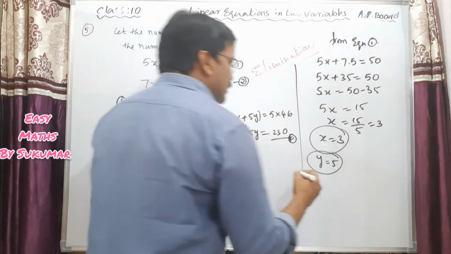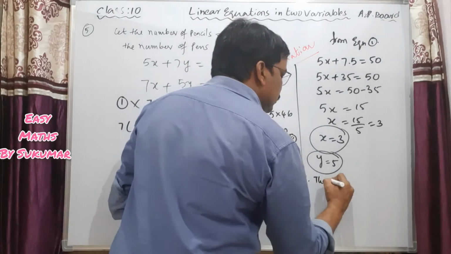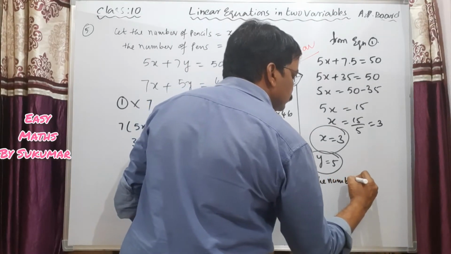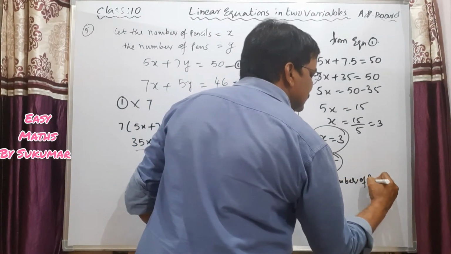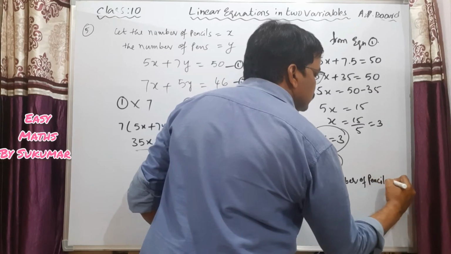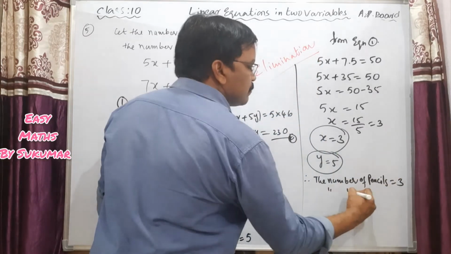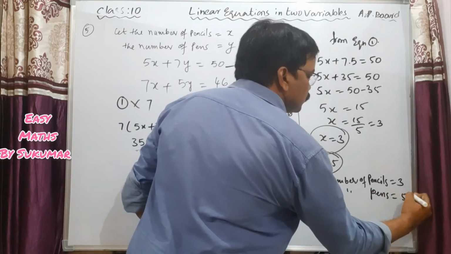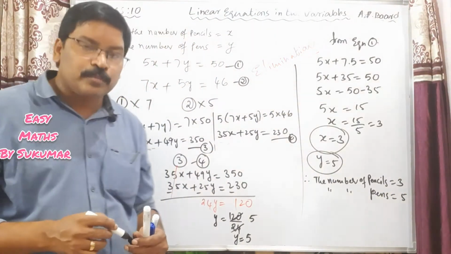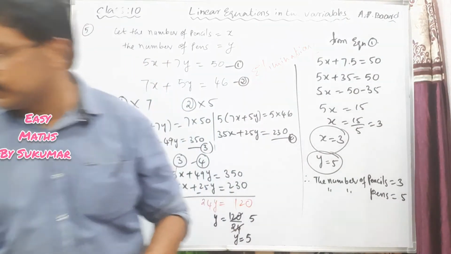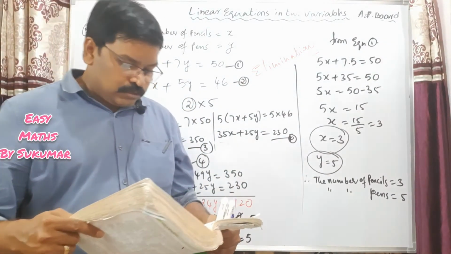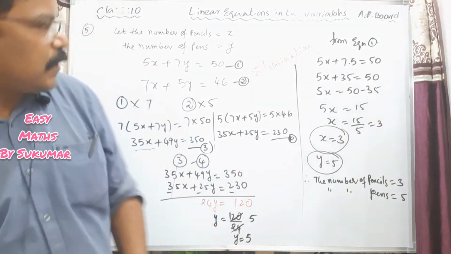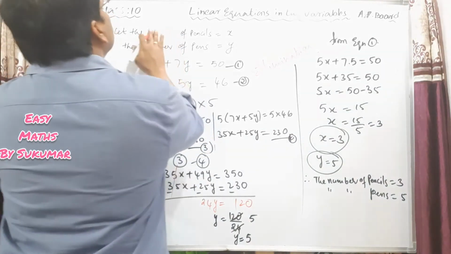Okay, let me write this, students. Therefore, the number of pencils is equals to 3 and the number of pens is equals to 5. Okay, I hope you understand this sum, my dear students. Find the cost. I'm very sorry, not the number, the cost.